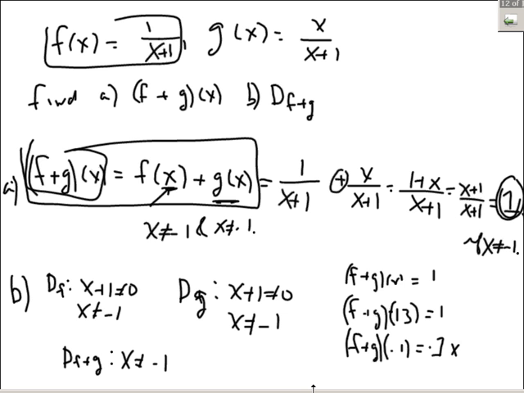Now, why is f plus g of negative 13 equal to 1? Because f of negative 13 is 1 over negative 13 plus 1, and g of negative 13 is negative 13 over negative 13 plus 1. The denominators are both negative 12. Add the numerators: 1 plus negative 13 is negative 12, which gives 1. f plus g of negative 13 is 1.